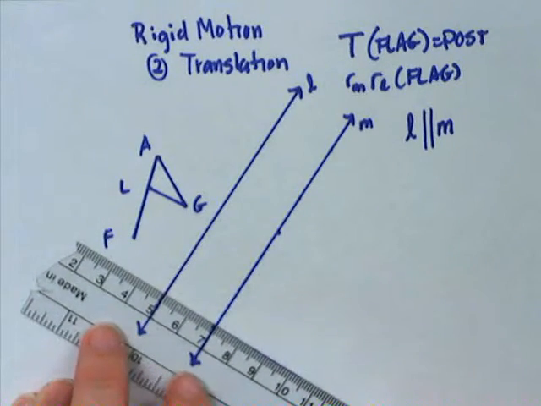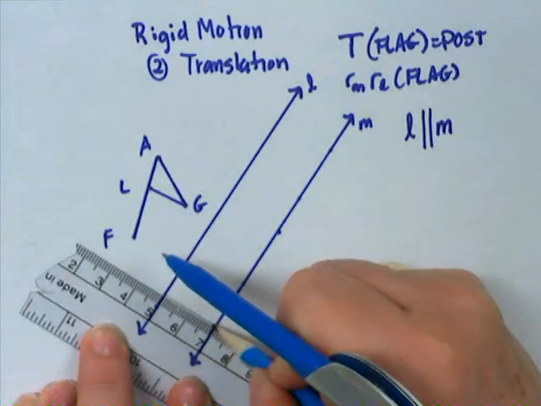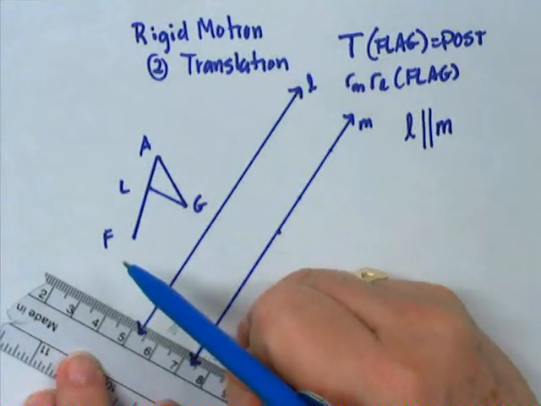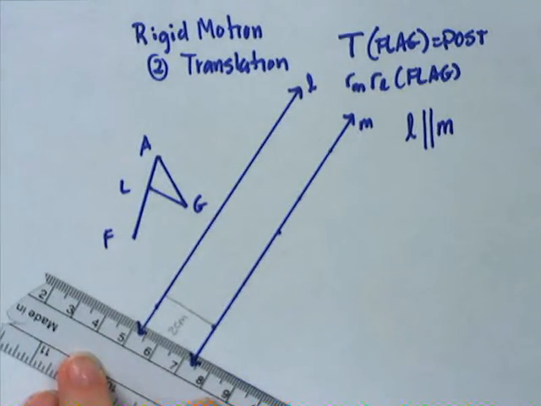So if I measure the perpendicular distance between these parallel lines, it's 2 centimeters. So in the end, this shape is going to slide 4 centimeters. It's going to slide in the direction perpendicular to those parallel lines.